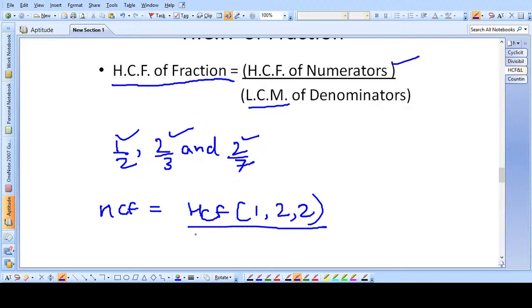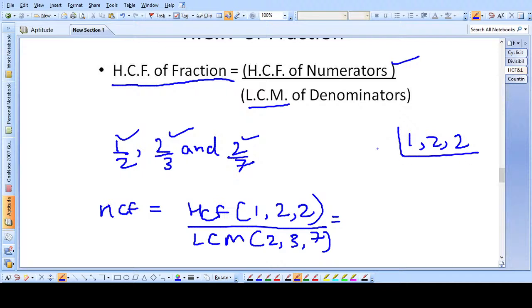Now let's take the LCM of the denominators, 2, 3 and 7. So what will be the HCF of the numerators? You can do the ladder method if you want, but this is very simple. There is no number which all of them share in common except 1, by which all of them can be divided. So 1 is the only number there.